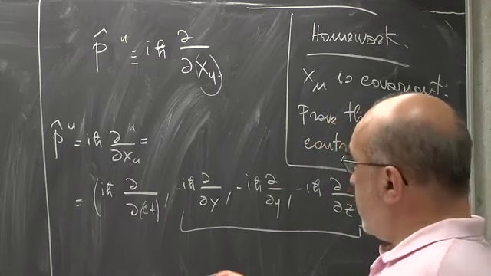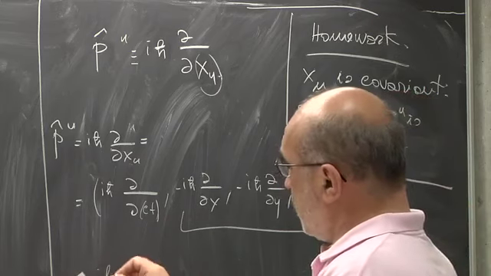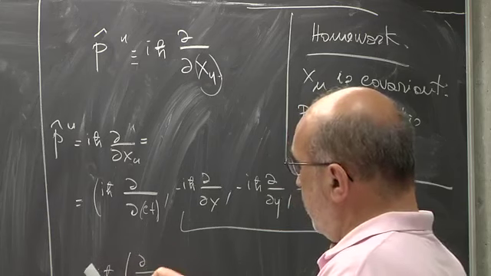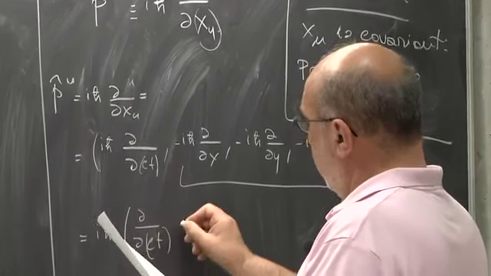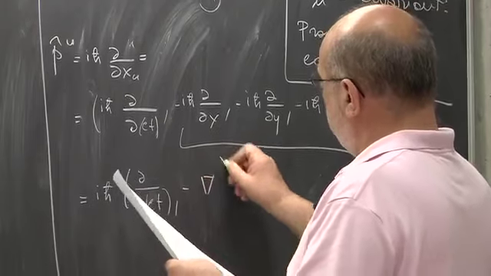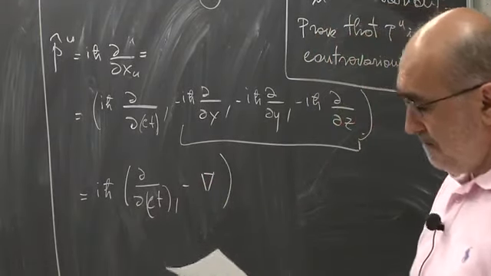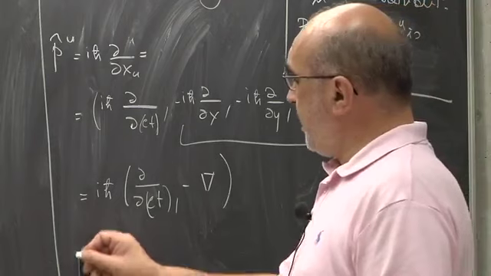Okay, this is often written also as iħ derivative with respect to ct minus the gradient of this. Now let's see P mu.